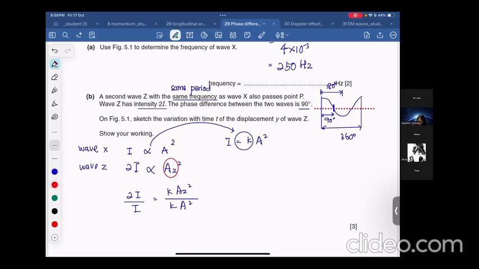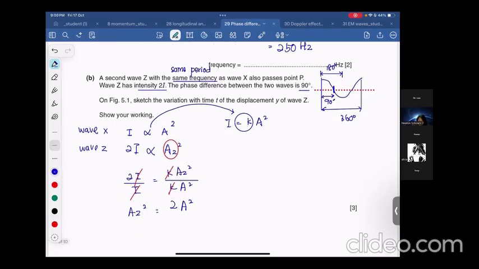We can cancel out the k and k. Then what is your new AZ? I and I can cancel. So AZ squared equals 2 A squared.